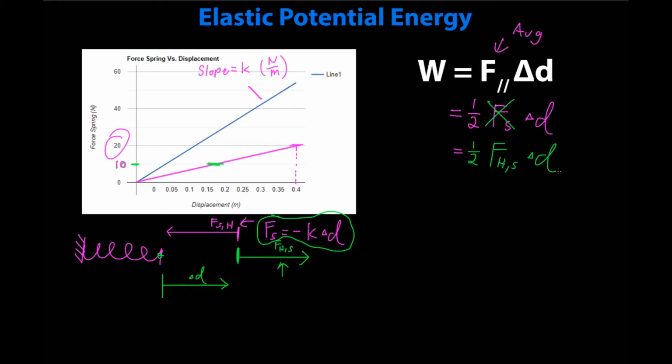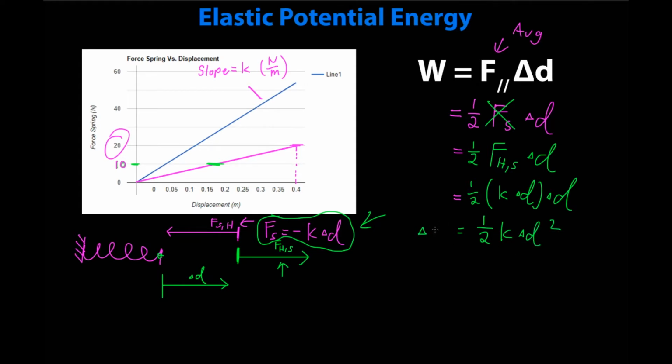It's 1/2 force hand on spring delta d, because it is the force you are using to pull the spring to the right. And remember, these two are third law pairs. Now, the only difference between force spring on hand and hand on spring is the direction, which means I'm using this formula without the negative sign. And I get 1/2 k delta d squared.